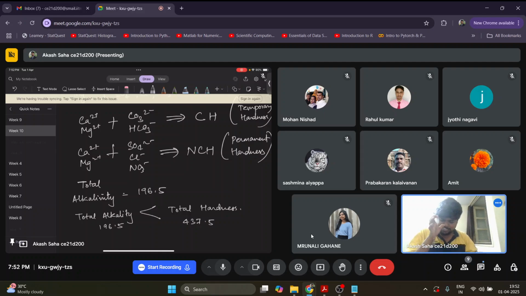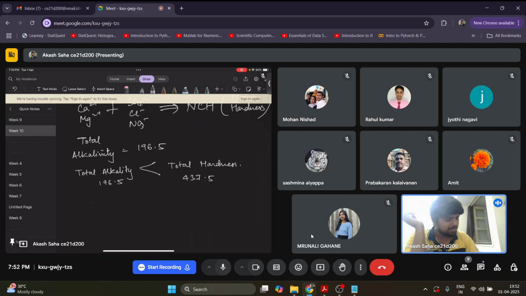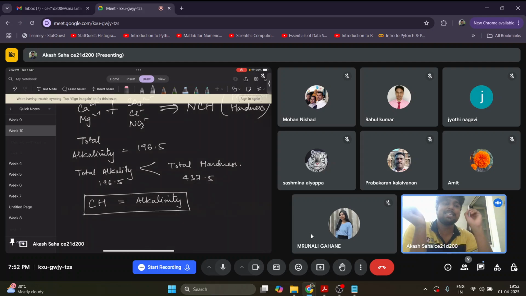So it is said that whenever the total alkalinity is less than total hardness, we can say the carbonate hardness is equal to the alkalinity. Do you agree? Can you say whenever my total alkalinity is less than total hardness, my carbonate hardness is equal to alkalinity?